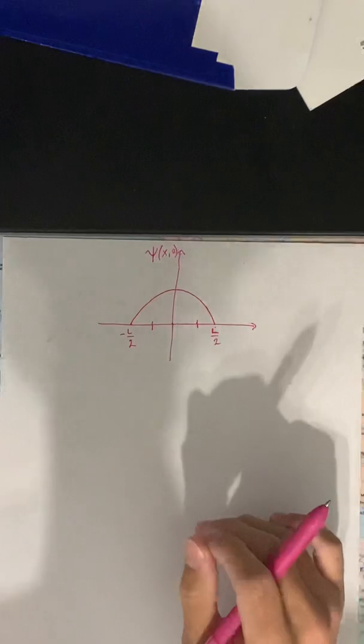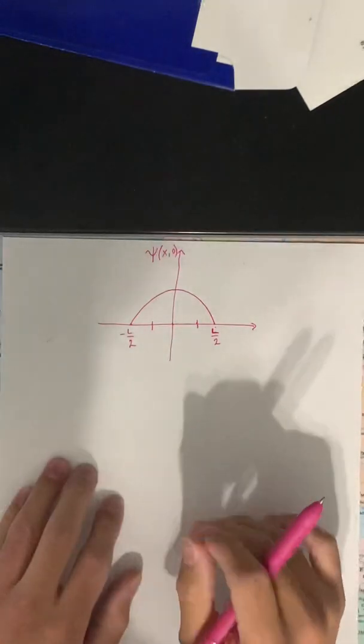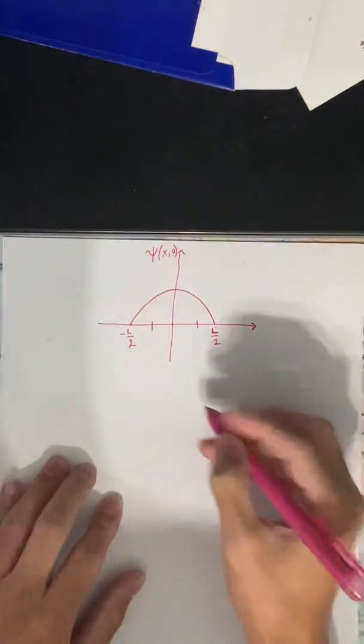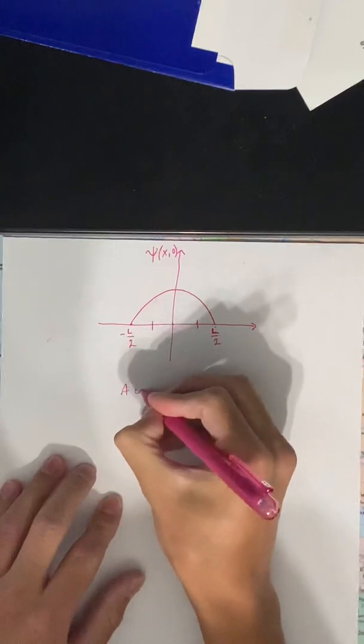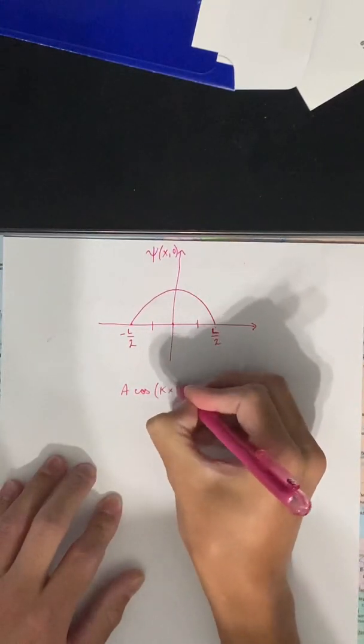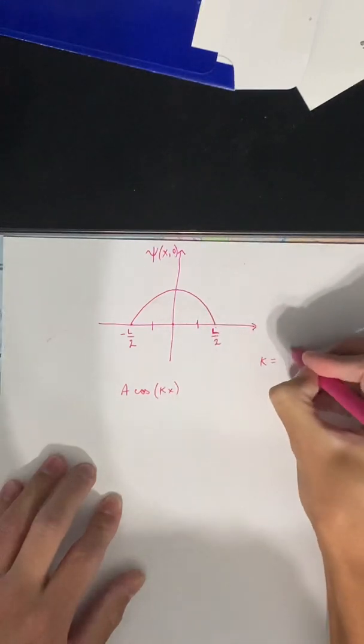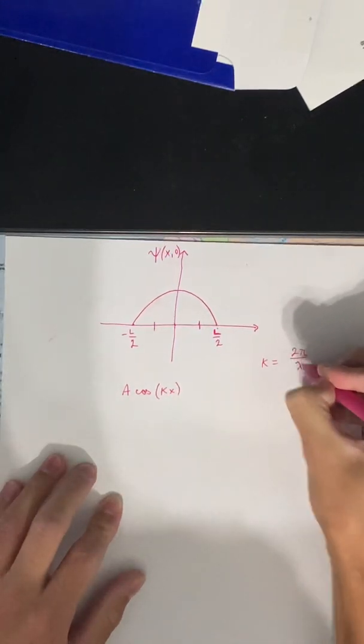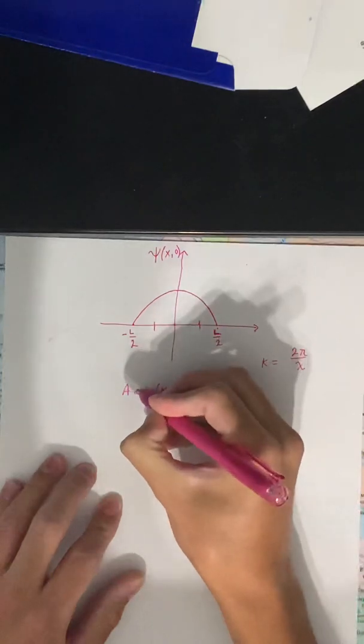Okay, so the wave function can be written as a cosine function, A times cosine of kx, where k is 2 pi over wavelength. It's this wave number. But we don't know what A is.